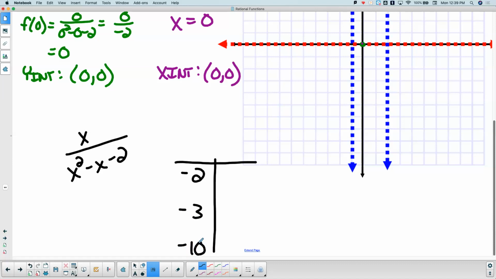So if I go negative 2, that's going to be negative 2 over 4 minus negative 2 is 6, minus 2 is 4. That's going to be negative 1/2.